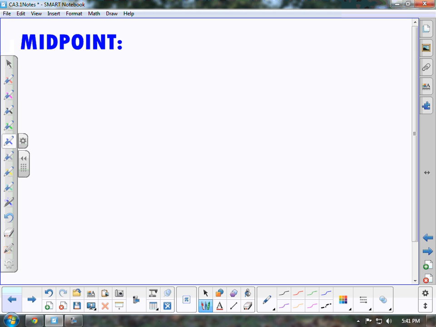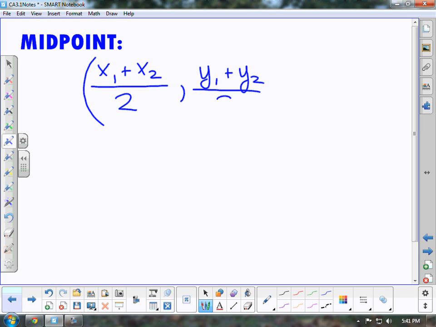To find the midpoint, take the 2 x values and add them together and divide by 2, or find the average of the 2 x values. And then do the same thing with the y values.